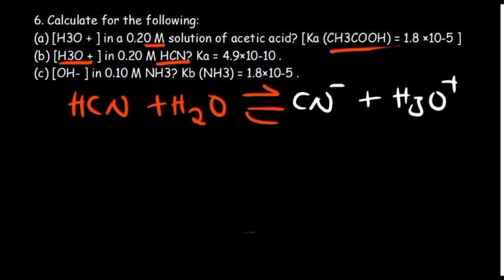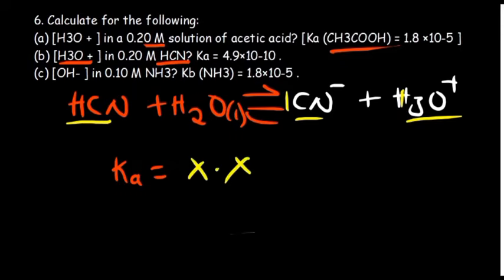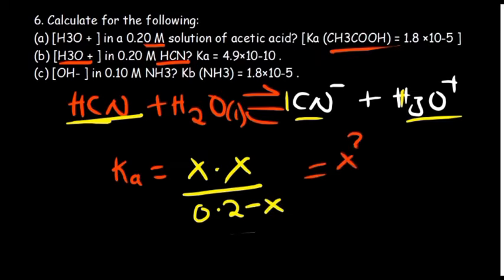At this point, without even showing the ice table, you can say my Ka value is going to be equal to, and the liquid water doesn't appear in the equilibrium expression, only the aqueous species. For the CN minus and the hydronium, the coefficients are 1 and 1, so it's x multiplied by x as our equilibrium concentration. Then for this part, it's going to reduce in concentration. What is the initial concentration? It's 0.2, so it's going to be 0.2 minus x. That is a shortcut. So it is x squared over 0.2.